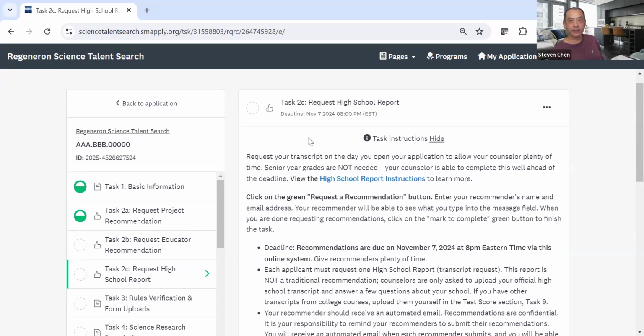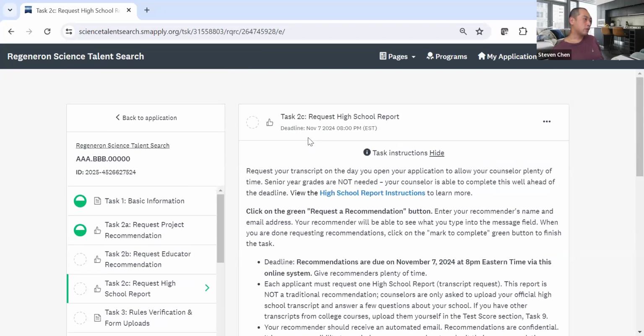But the thing here is, for college applications, your high school counselor, beyond submitting a report, also needs to write a letter for you. Here, your counselor doesn't need to write a letter, but just submits a report on behalf of the high school. That's it.